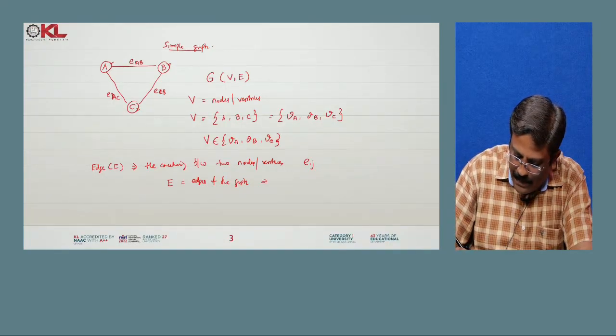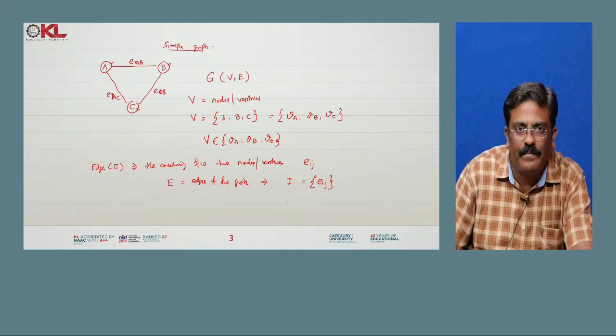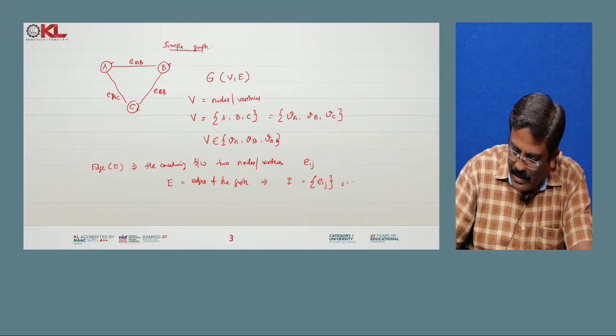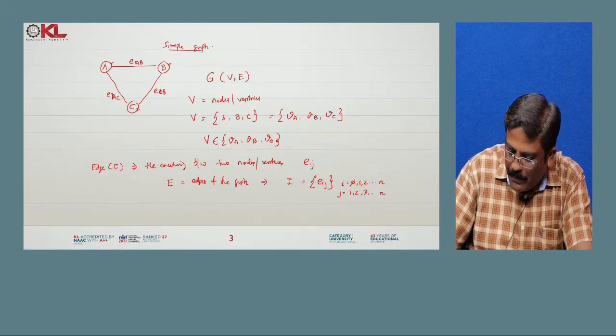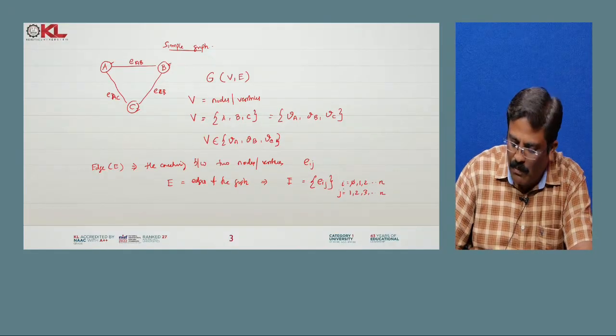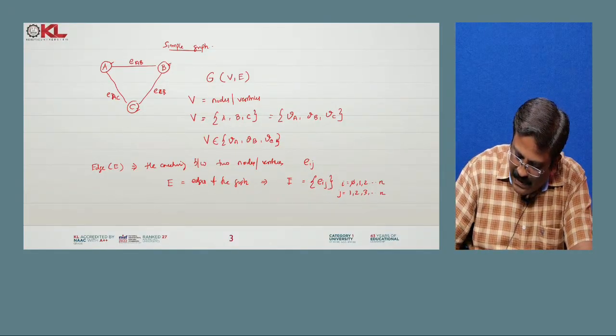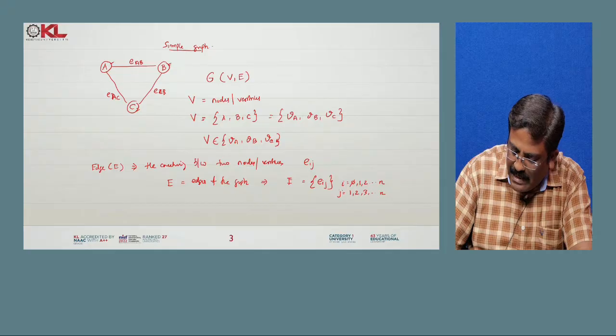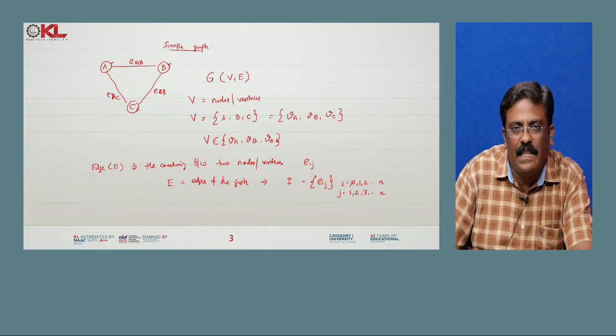So how can we represent that? Capital E is equal to the set of Eij. The i value is 0, 1, 2 up to n, or we can start with 1 also, no problem. The j value is 1, 2, 3 up to n. This i and j indicate vertices.